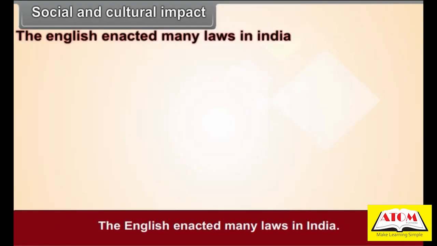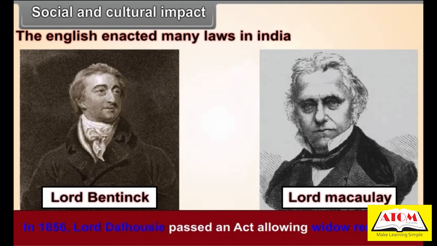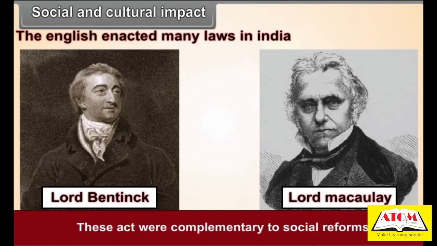The English enacted many laws in India. Lord Bentinck passed an act in 1829 prohibiting the practice of sati. In 1856, Lord Dalhousie passed an act allowing widow remarriage. These acts were complementary to social reforms.